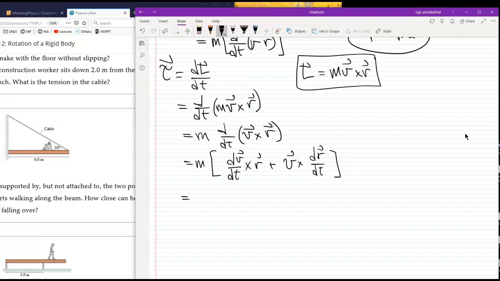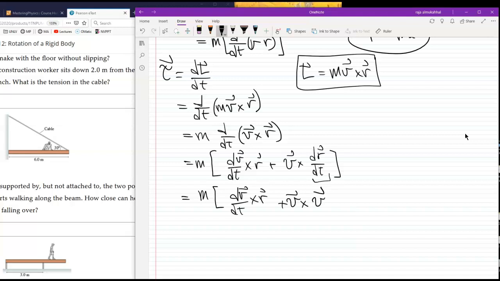Okay. So what is that equal to? Any idea? Okay. Look at this. I have m, well, dr/dt is v, right? So this is like v cross v. Plus here, what do I have in here? I have dv/dt cross r.